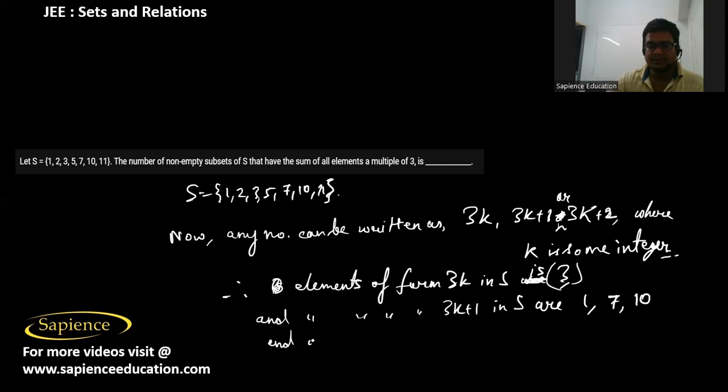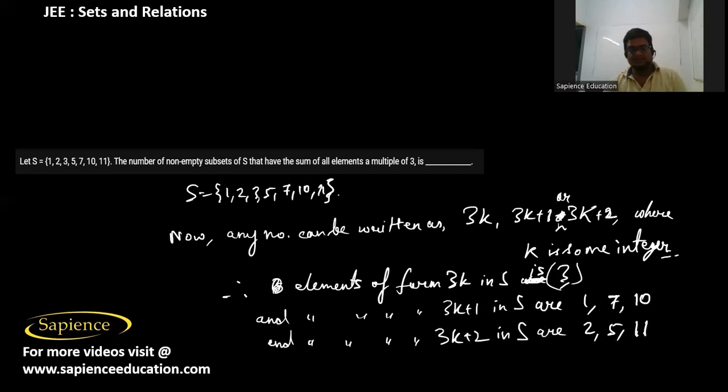And then elements of the form 3k plus 2 in the set S are 2, and 3 1 are 3, 3 plus 2, that is 5, and 3 3 are 9 plus 2, that is 11. So 2, 5, and 11 are in the set S, which are of the form 3k plus 2.